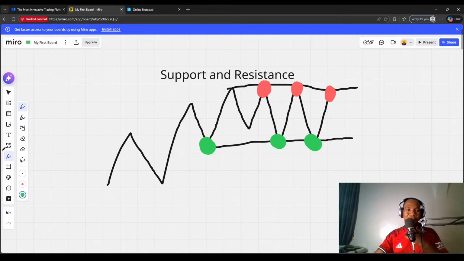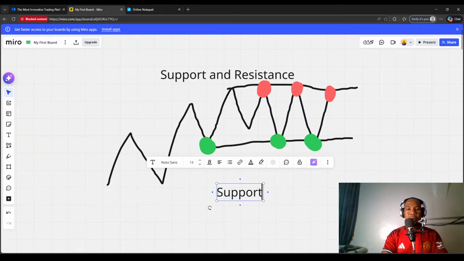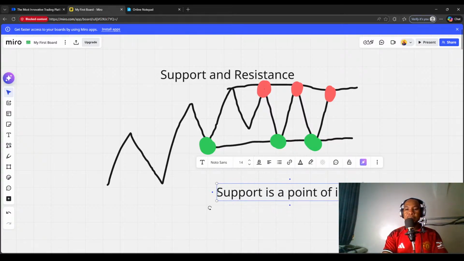It means that support is a point of interest for buyers.